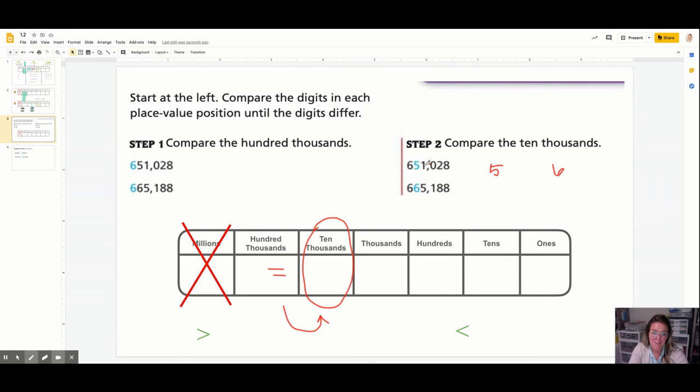Really, it's 50,000 versus 60,000. The 60,000 is greater. We can stop and understand that 665,188 is greater than 651,028. We would write the full number like this. We're saying this one is greater.